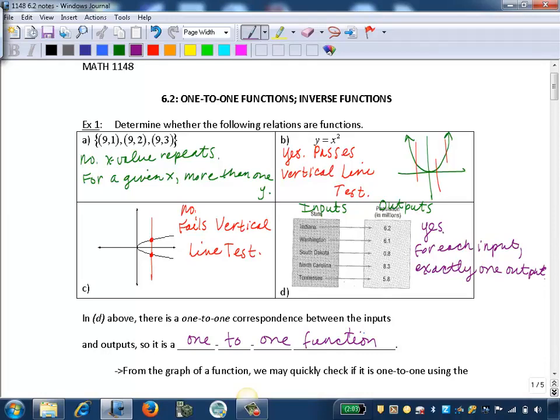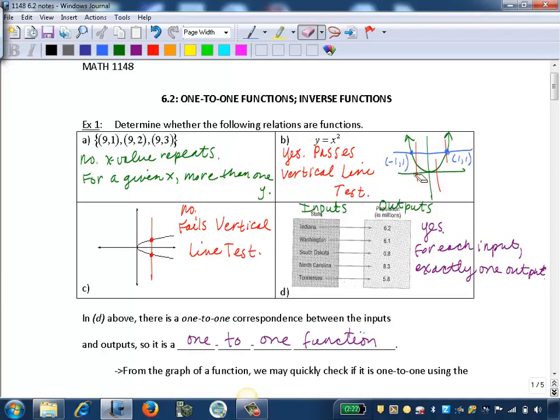Okay, so to determine whether a function is one-to-one from its graph, we're going to use, similar to the idea of the vertical line test, the horizontal line test. So for instance, in part B, if I draw a horizontal line on this parabola, so for instance, we know 2 key points on the graph of y equals x squared would be (1, 1) and (negative 1, 1). So if we draw this horizontal line across, it's going to hit this graph twice, which means for the same output, we have multiple inputs.